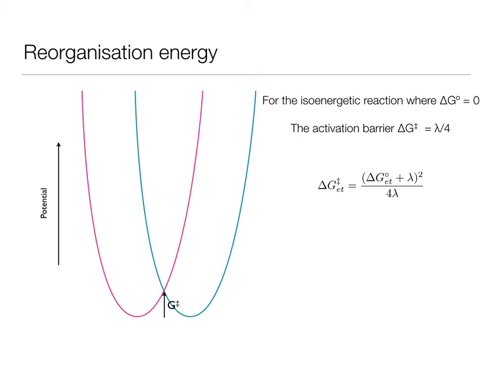And I have this reaction which has an activation barrier. This activation barrier, which I've called G double dagger, is very, very important. Because even though the reaction itself has no change in energy, it still takes me energy to do the reaction.